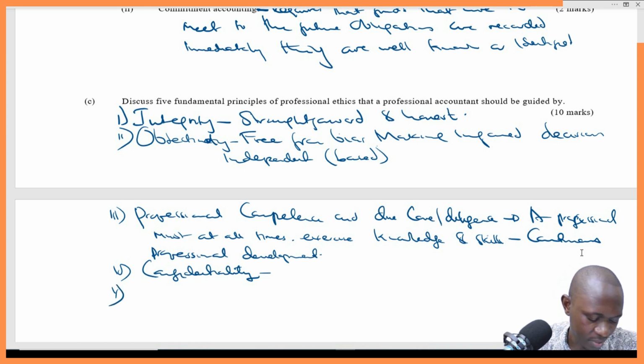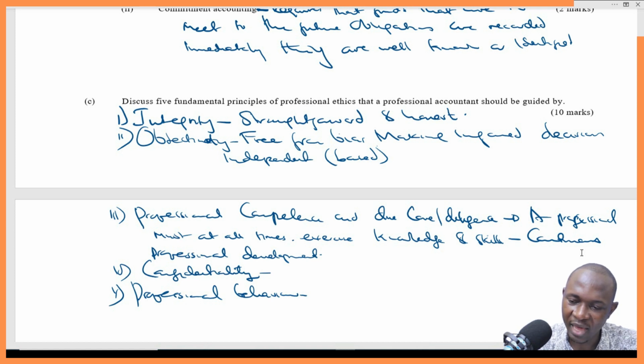Then number 5, professional behavior. That a professional accountant must always carry himself in a way that befits the stature bestowed upon him as an accountant.